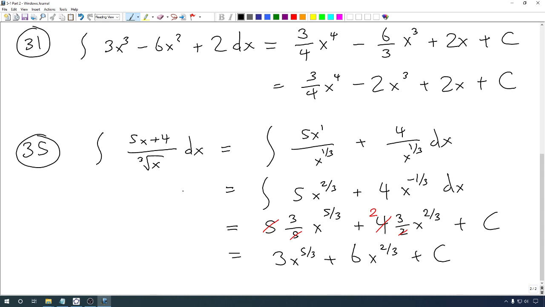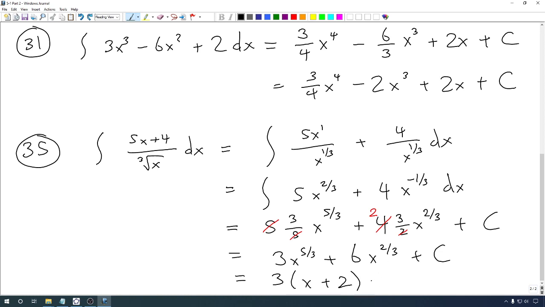Now, if you do have to actually put this back as a cube root like we originally had it, technically here, the x to the 2/3 could be pulled out of both of those. And we can even pull out a 3, I guess. Here, if we pull x to the 2/3 out of the x to the 5/3, that's going to give us an x. Here, I'm pulling out the x to the 2/3, and from the 6, I'm pulling out a 3, so I'll be left with a 2.